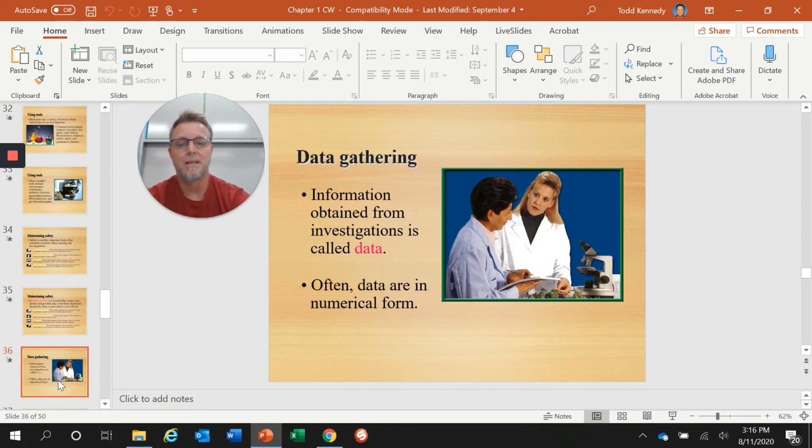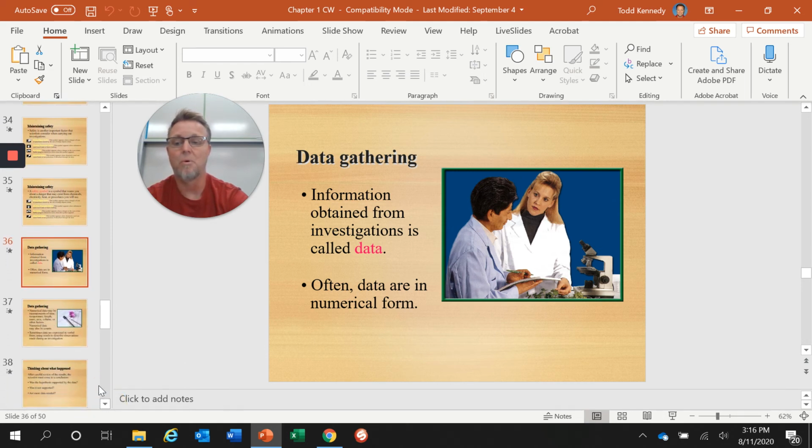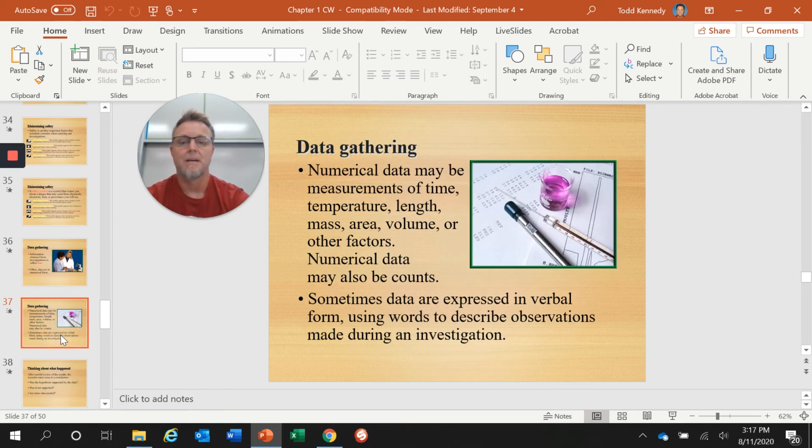The information obtained from our investigations is called data. That data can come in two forms. It can be numerical or it can be descriptive. When you gather numerical data, whether it's time, temperature, length, mass, area, volume, as you see here, that type of data is what's called quantitative data, because you're getting a quantity of something.